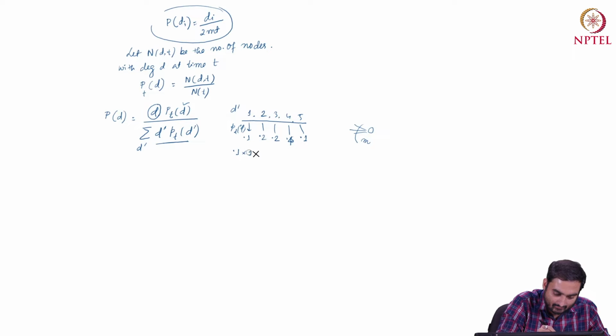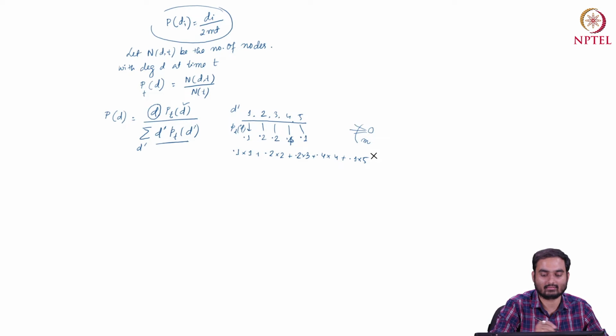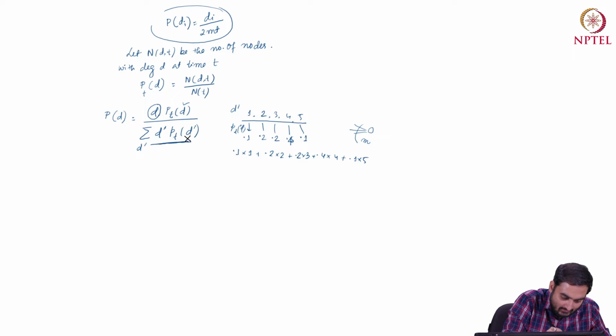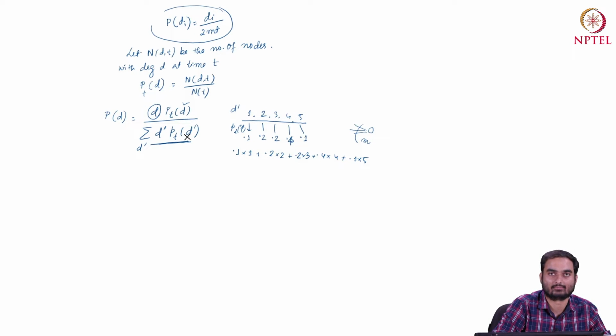So the denominator would be 0.1 times 1 plus 0.2 times 2 plus 0.2 times 3 plus 0.4 times 4 plus 0.1 times 5. This is basically a weighted average. So the denominator is essentially the average degree of a node in the particular network.